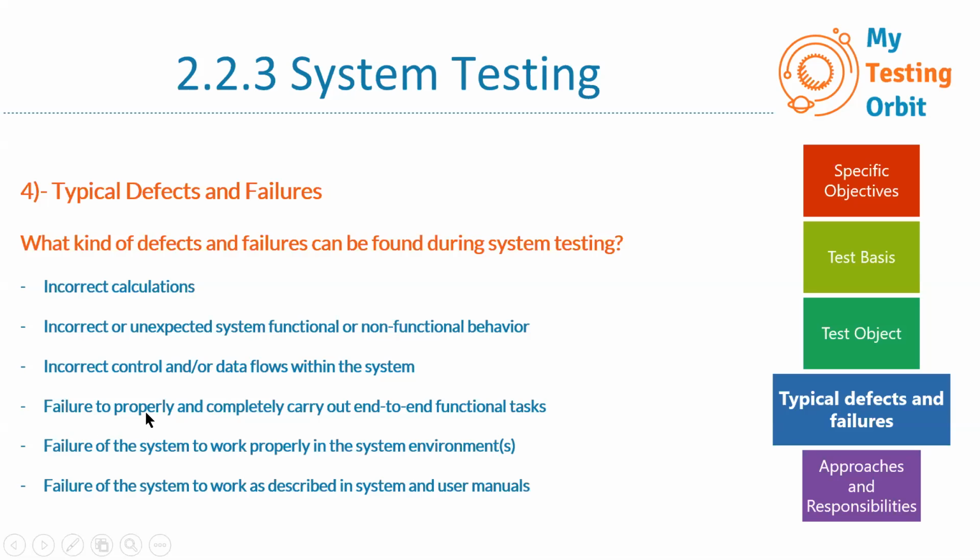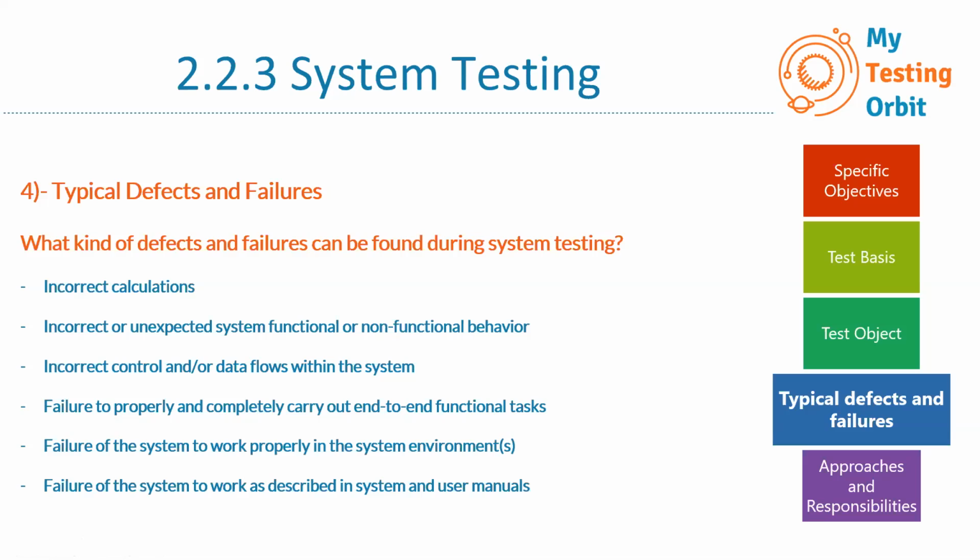Next one is failure to properly and completely carry out end-to-end functional tasks. Let's say that we have done shopping and we have submitted our order. What happens usually after that? Yes, we get a thank you message on the screen, and then mostly we get an email as well as a follow-up with all the order details, kind of a receipt for us.